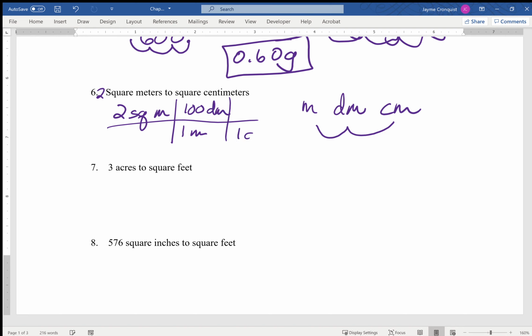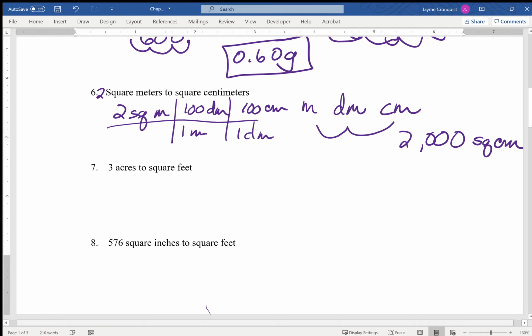And in 1 decimeter I have 100 centimeters. So really it's going to be 200 to 20,000. Okay, so you can do that by multiplying these all together. So I have 20,000. I was right. Okay. Square centimeters.